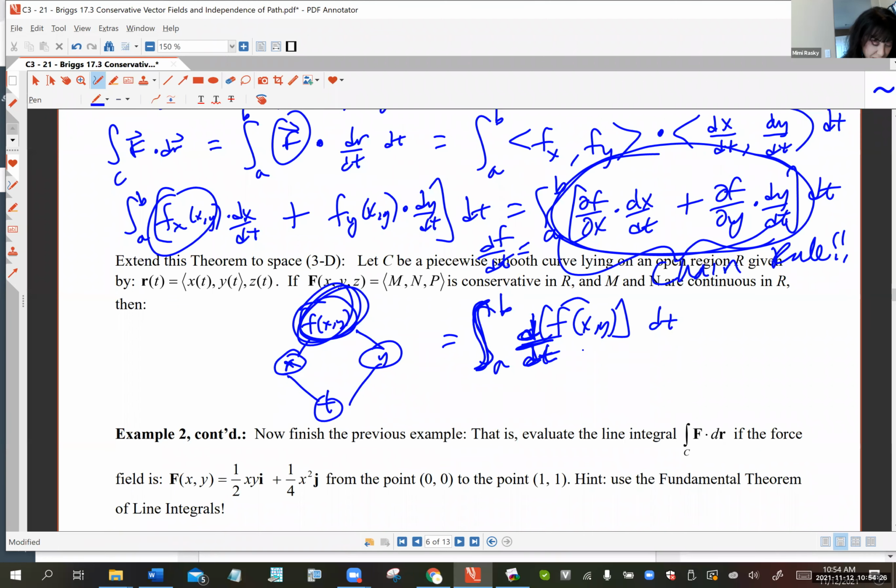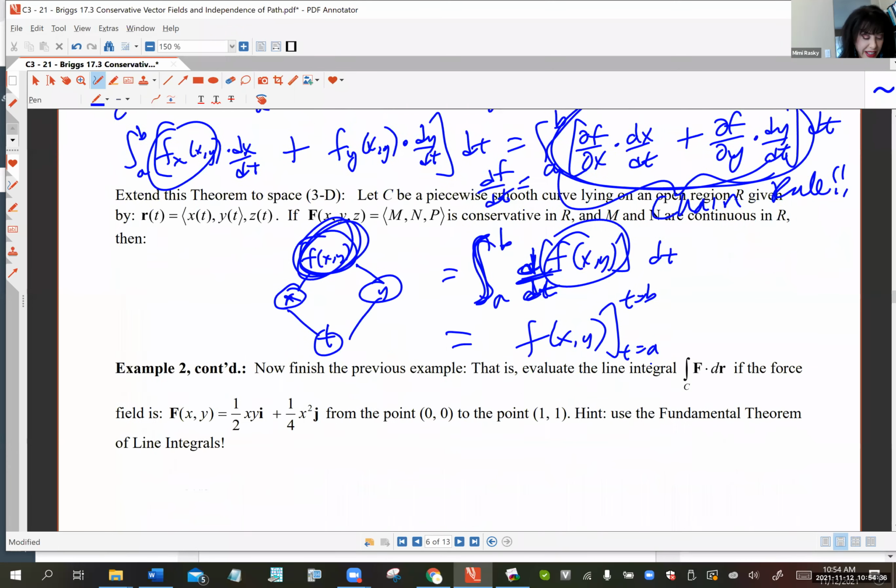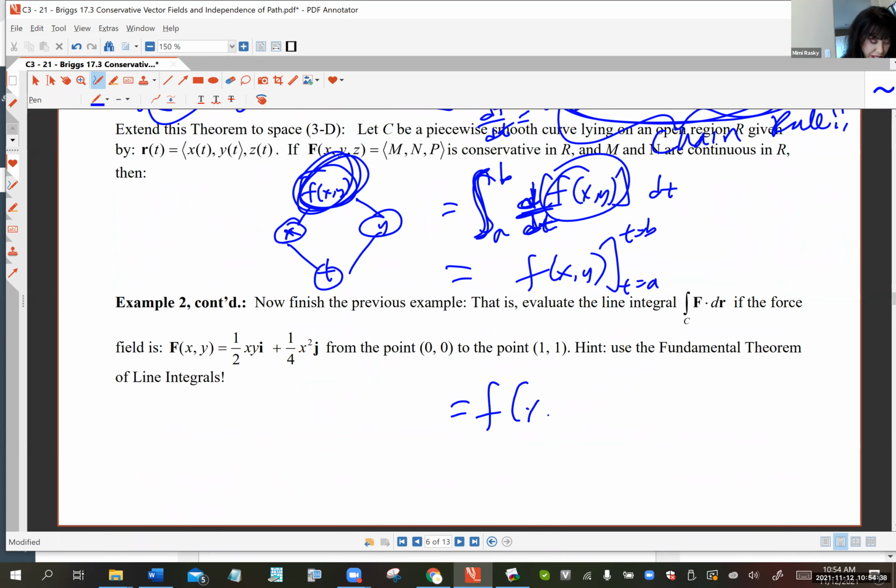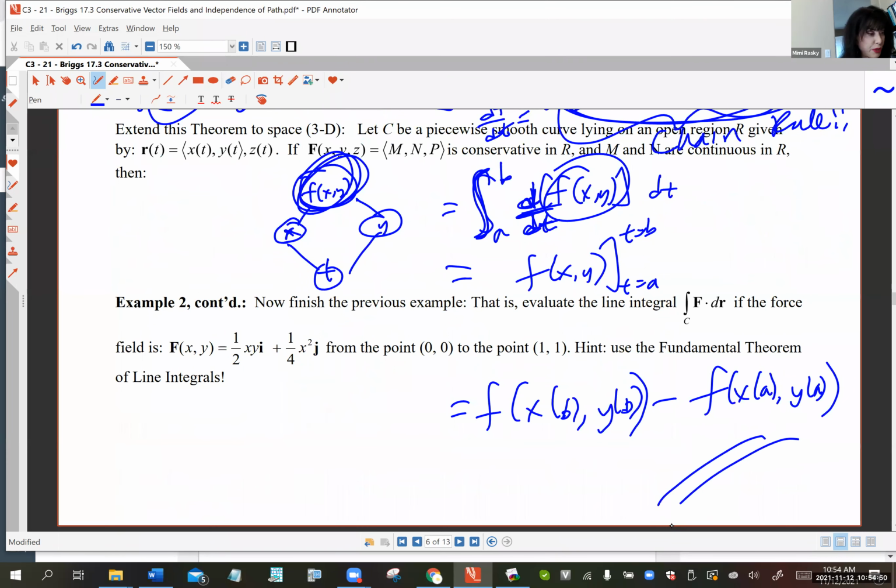You see that? So what's left? You're just going to have the f(x, y), where you'll evaluate it between time going between a and b seconds. And that is going to give you what I mentioned, f evaluated at x of b, y of b, minus f evaluated at x of a, y of a. And that's just going to be some number. And we're done. End of proof, QED.